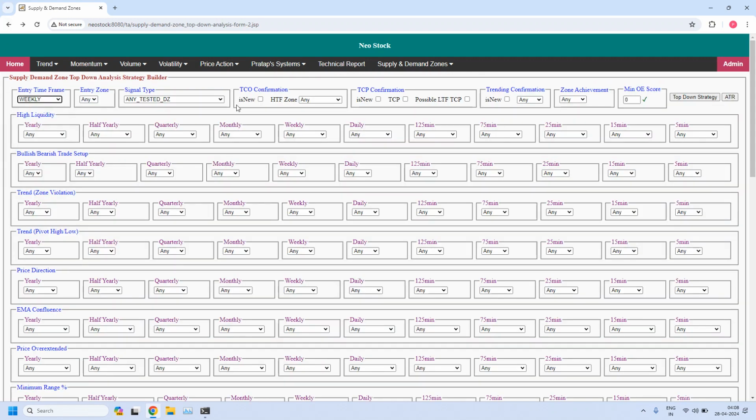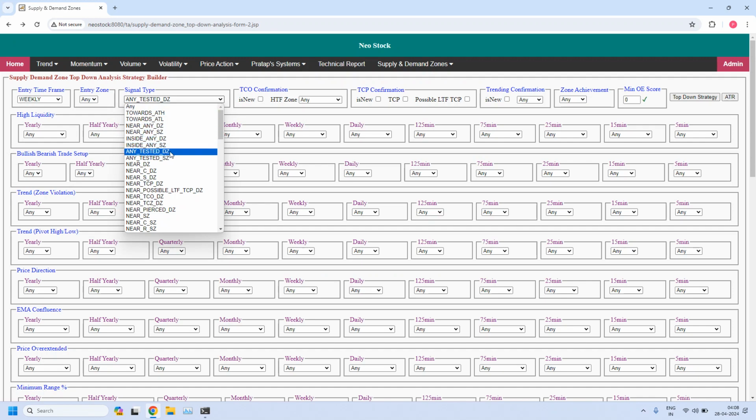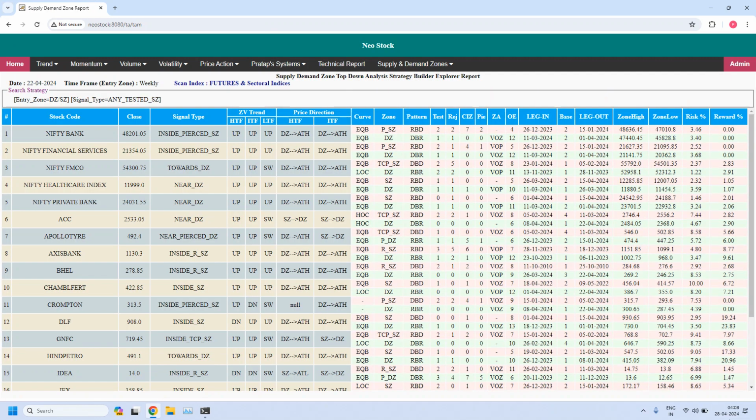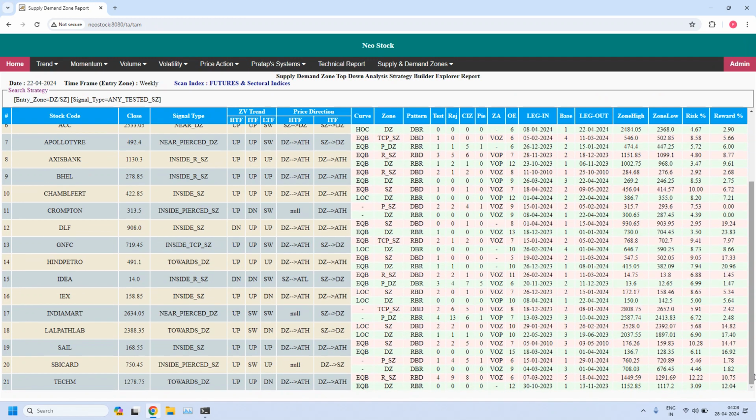For weekly time frame, let us find the stocks having tested weekly supply zones. So this is the filtered list. So total 21 stocks are tested during this week. So these 21 stocks having supply zones are tested during this week.